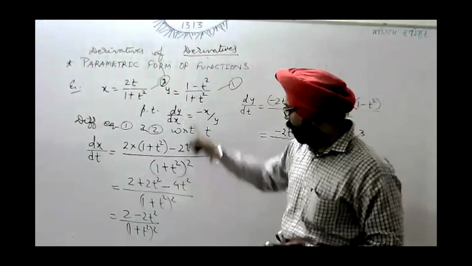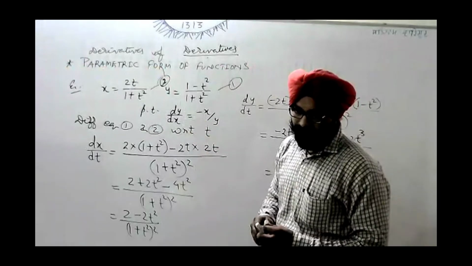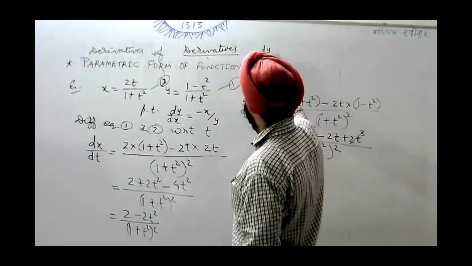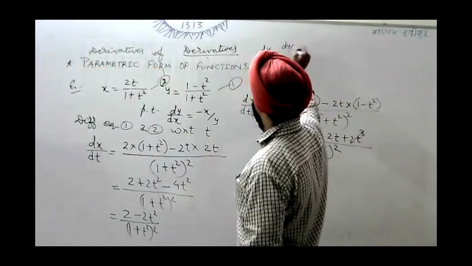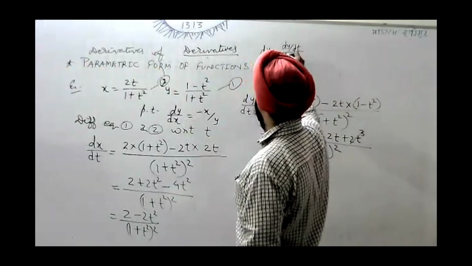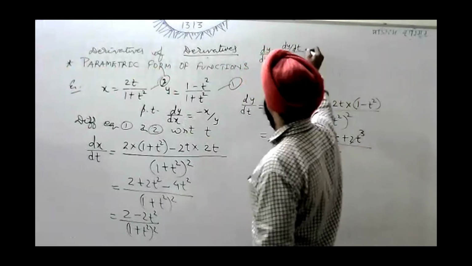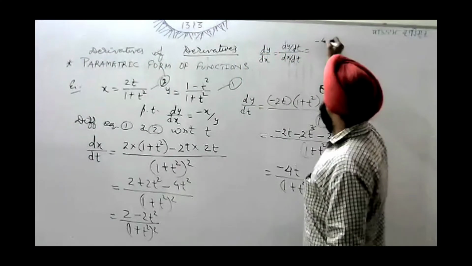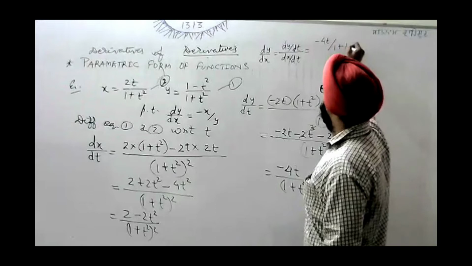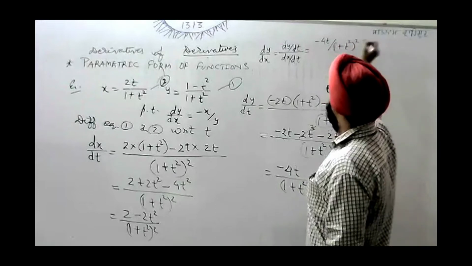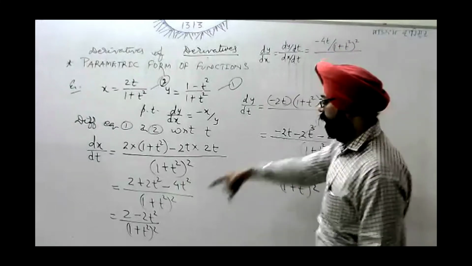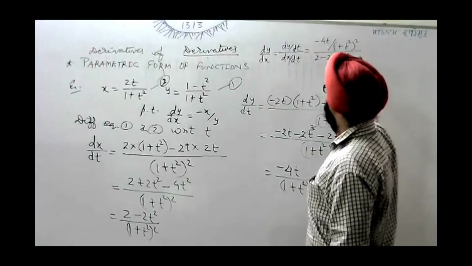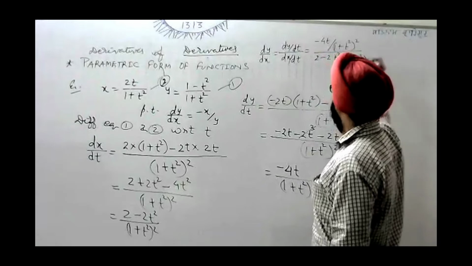dy by dx is involved. So first we will evaluate dy by dx equal to dy by dt upon dx by dt, equal to minus 4t upon 1 plus t square whole square, over 2 minus 2t square upon 1 plus t square whole square.